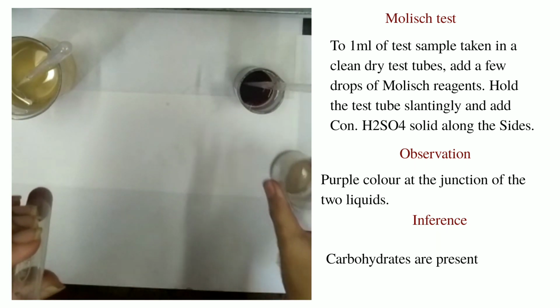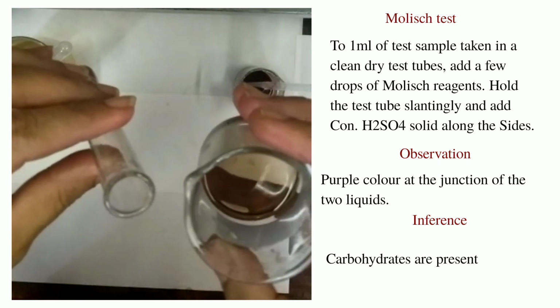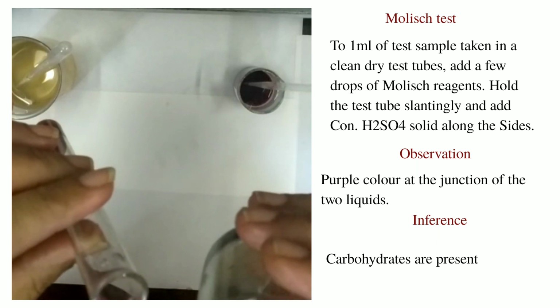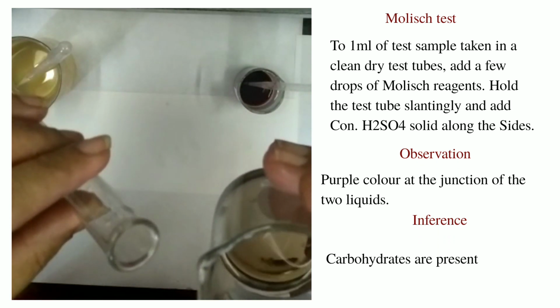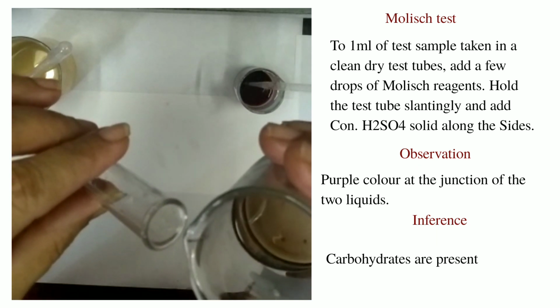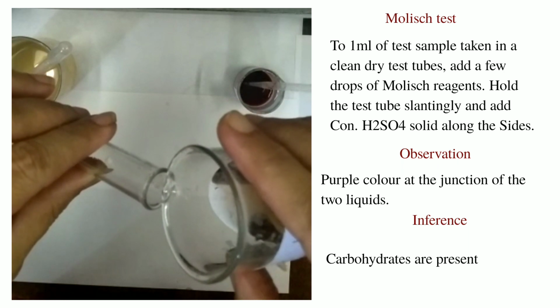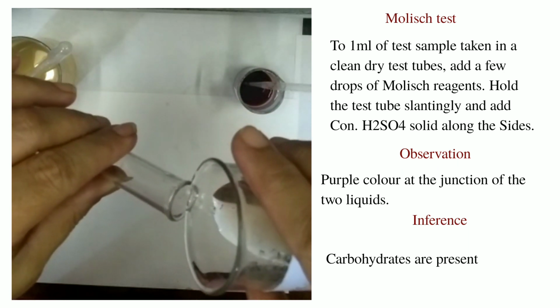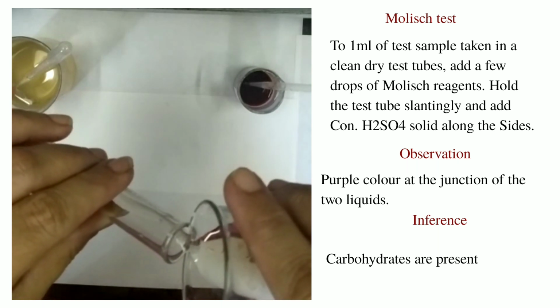Then add concentrated sulfuric acid along the sides of the test tube. You have to be careful while using concentrated sulfuric acid. Hold the test tube in a slanting position and slowly add the acid along the sides of the test tube.